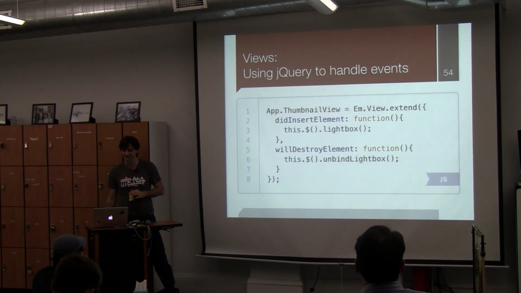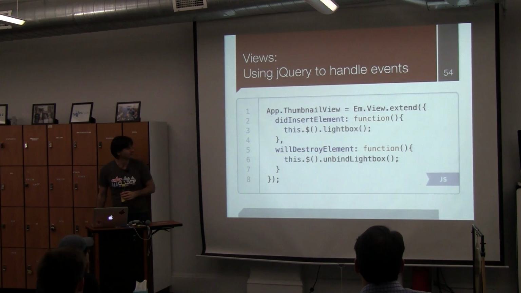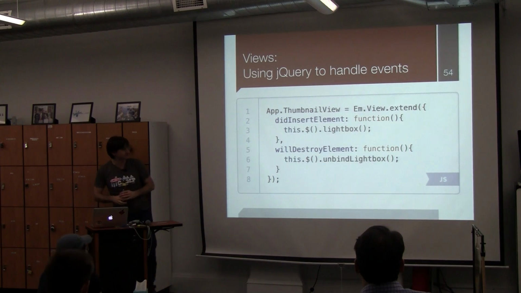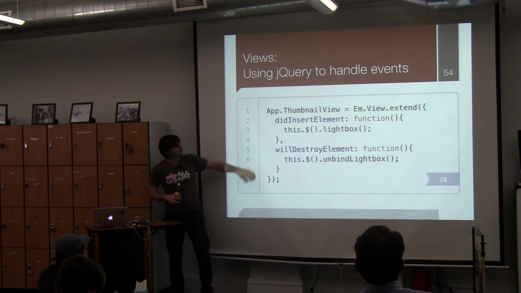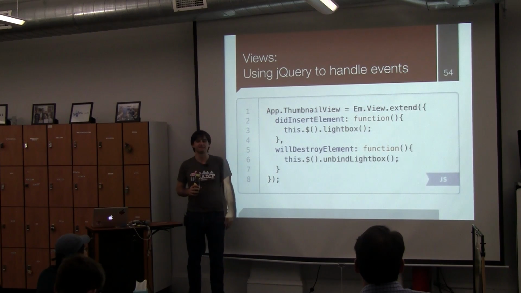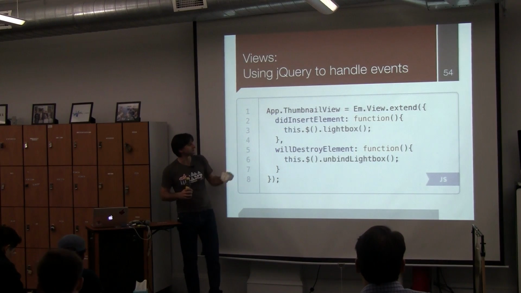This is awesome because that's exactly the hooks that you need to do interesting things with jQuery. And you have an easy to access jQuery handle to the view's element, or jQuery wrapped element, using this.$. So thumbnail view is a div. Maybe it's div class thumbnail, and then inside there's an image and a caption or something.